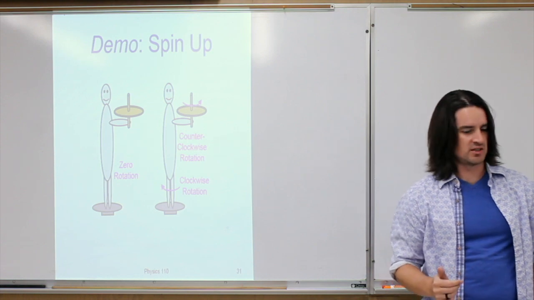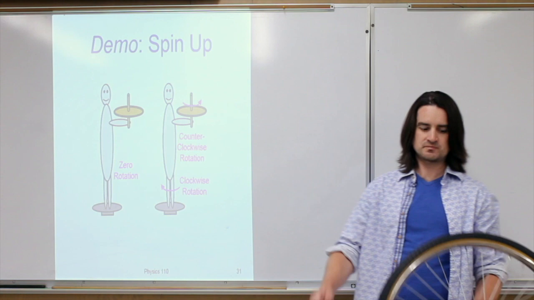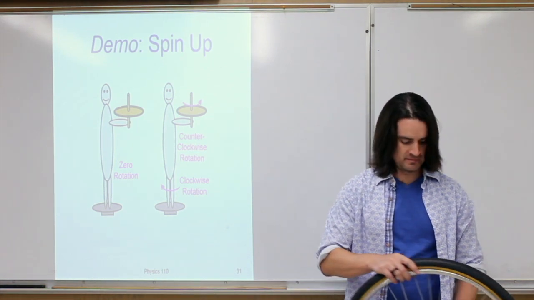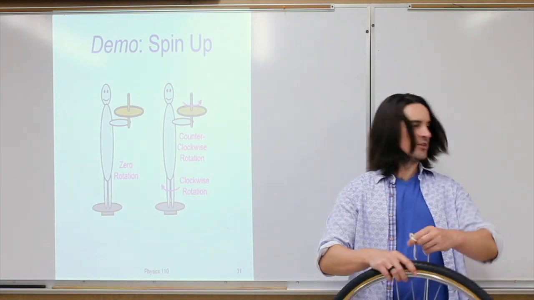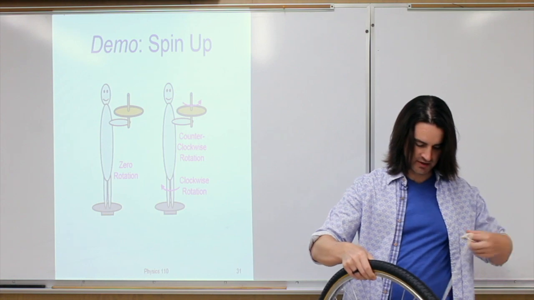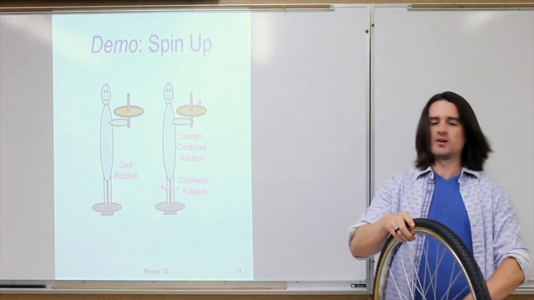Conservation of momentum means if something's rotational momentum changes, then something else needs to have a change in its rotational momentum to compensate. And the final thing I'll show you, which is kind of cool, all of this has to do with how gyroscopes work, but this is more obvious.